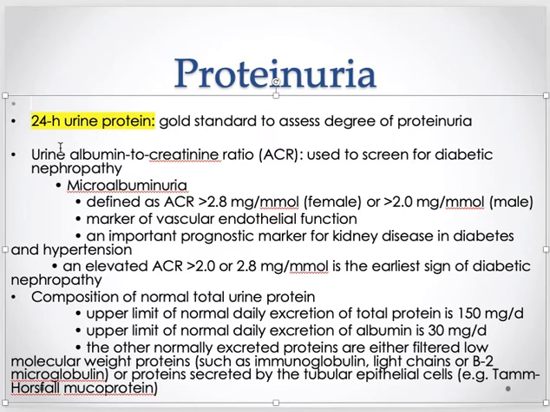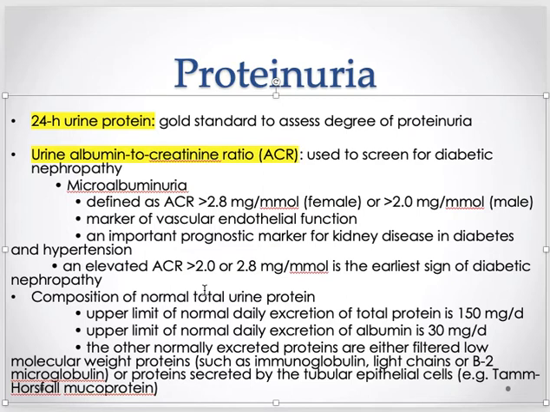Quite hard. The second one is urine albumin to creatinine ratio, ACR, a very quick and very good test to check for proteinuria. What is this ratio?